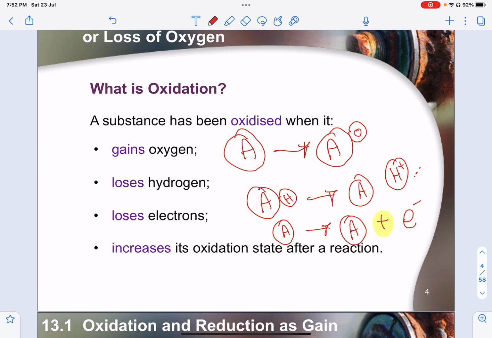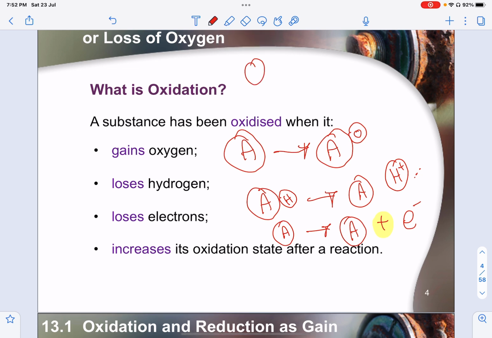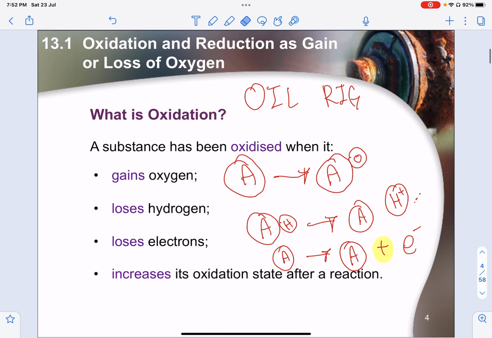So one very common way to remember is by the acronym OIL RIG. In this OIL RIG, O represents oxidation, then I is then loss. So this will only highlight for the electrons as well as the hydrogens.